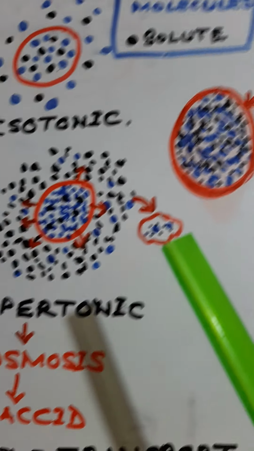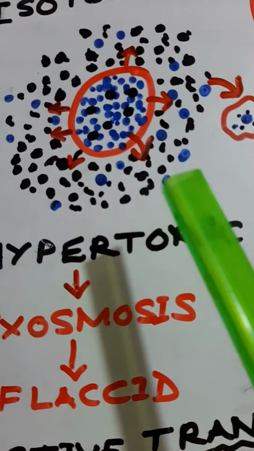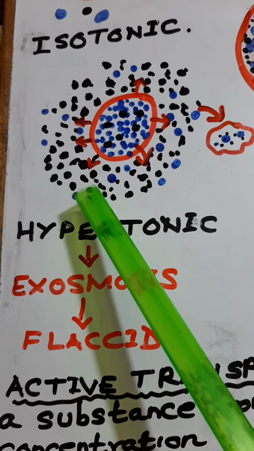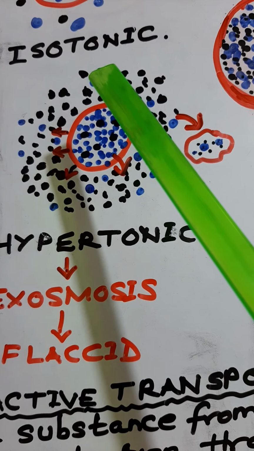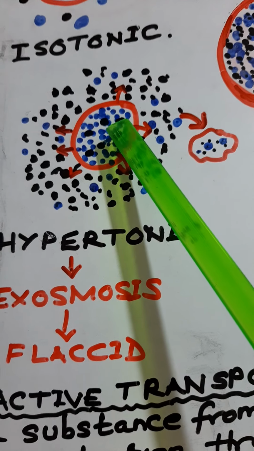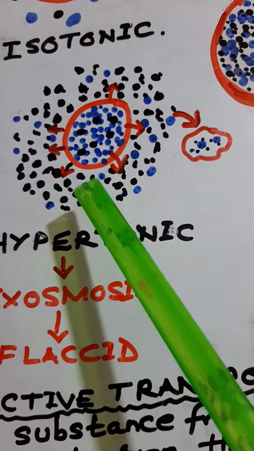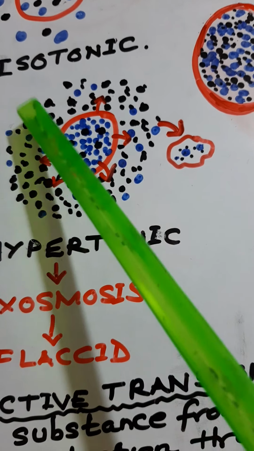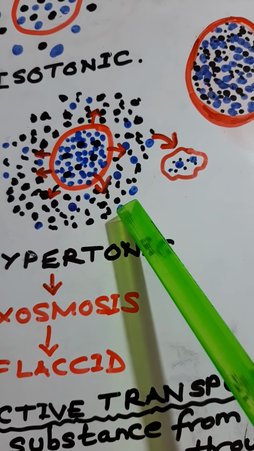Now we come to the third type of tonicity. Here it is a condition where water is more inside and less outside, and the solution outside has a higher concentration.